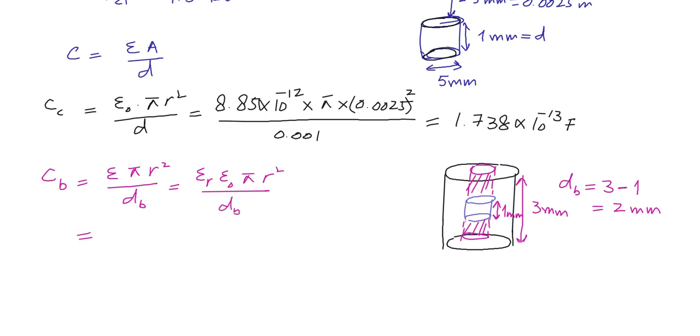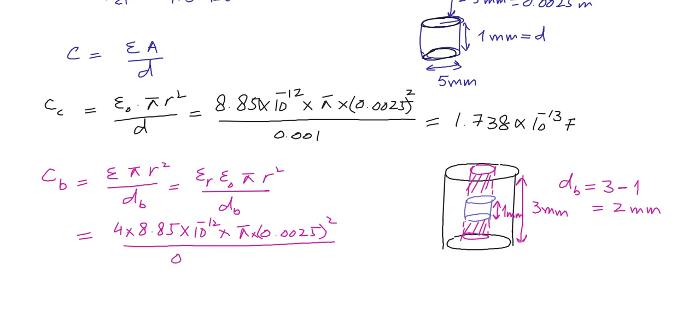And this is equal to, epsilon r is 4, epsilon naught is 8.85 into 10 raised to the power minus 12 multiplied by pi, and radius is same as the cavity, 0.0025 whole square divided by, now dB is 2 millimeter.